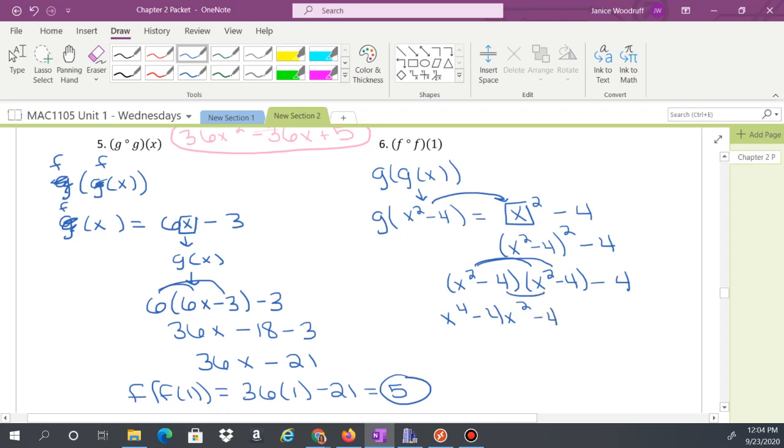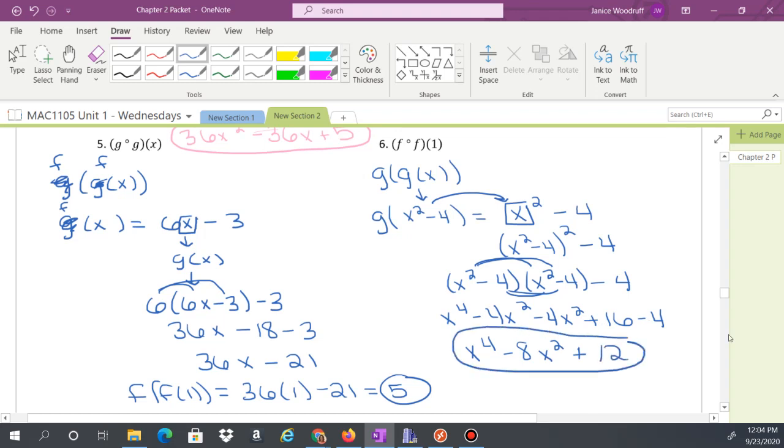Negative 4 times x squared, negative 4x squared. Negative 4 times negative 4, positive 16, minus 4. Then I'm going to combine like terms. I'm going to have x to the 4th minus 8x squared. And then 16 minus 4 will give me a positive 12. So g of x will give us x to the 4th minus 8x squared plus 12.